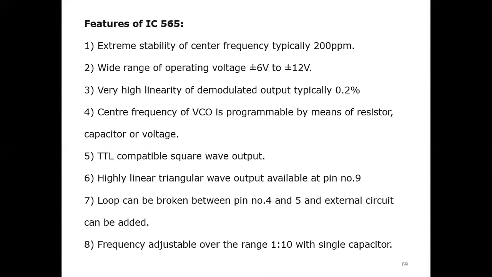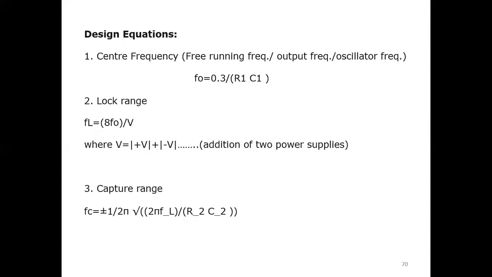The center frequency of the VCO is programmable by means of resistor, capacitor or voltage. TTL compatible square wave output, and a highly linear triangular wave output is available at pin number 9. The loop can be broken between pin number 4 and pin number 5, and an external circuit can be added. Frequency is adjustable over a range of 1:10 with a single capacitor.